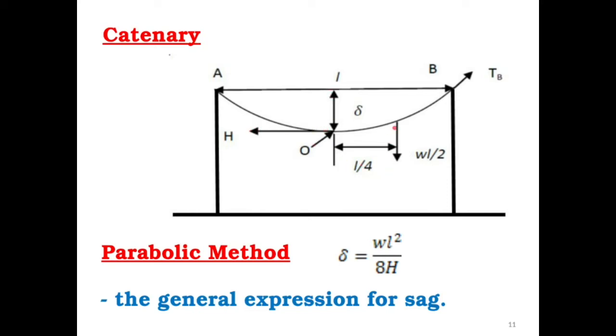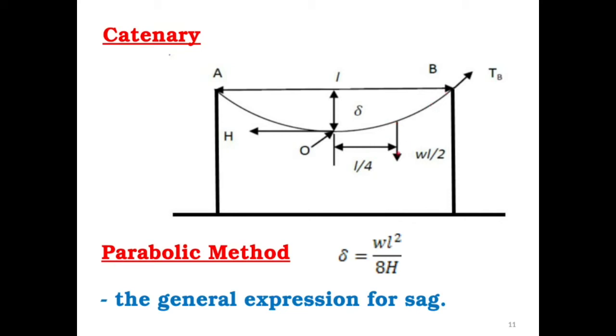And on the other side, the force working here is WL over 2, because L is the length of the span and W is the weight per unit length, so the total weight is WL. But for this portion O to B, because we consider the moments about the point B, the weight of that portion OB will be acting vertically downwards through the middle point of this OB.